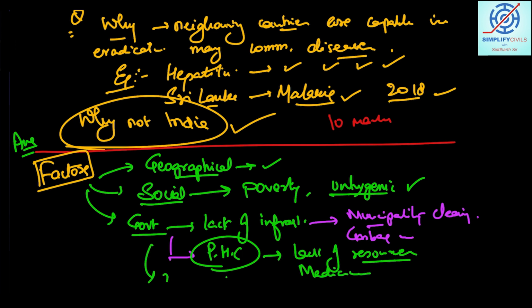Then you can say proper drives for vaccination. So these are the basic factors for why India is lacking. So focus on all the aspects, and then you can say the political will also.